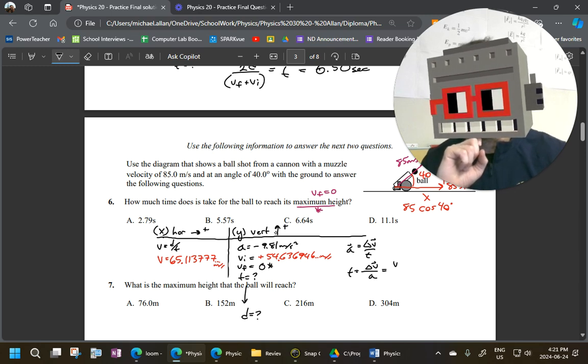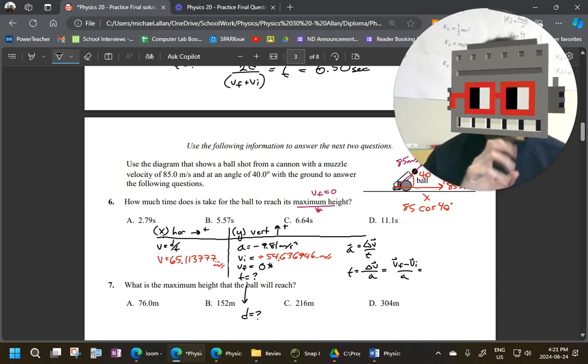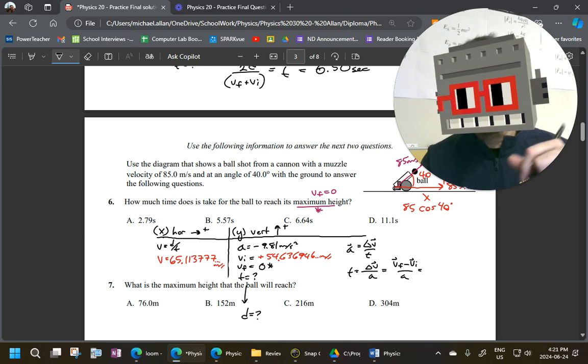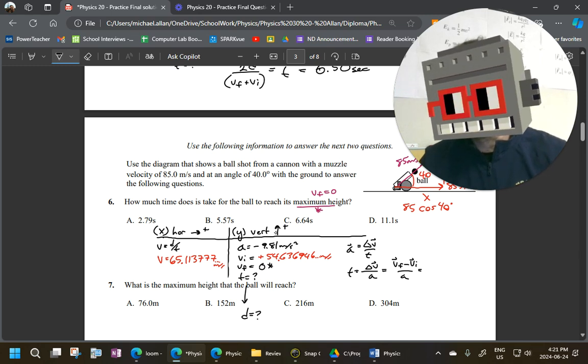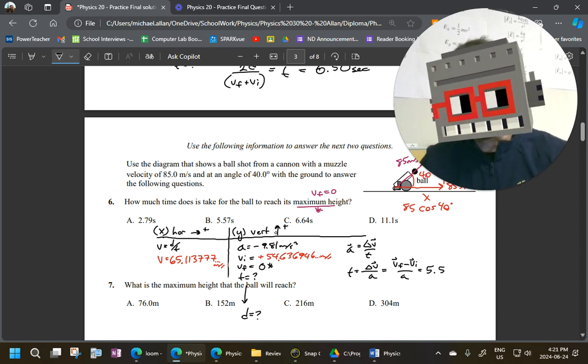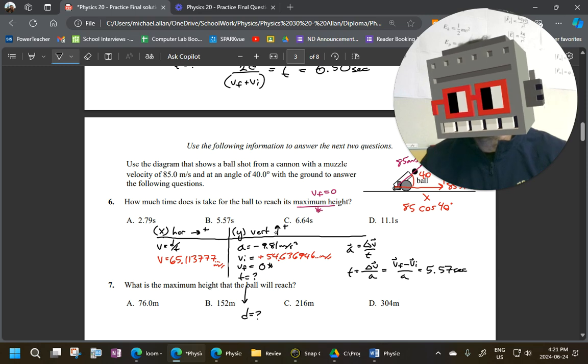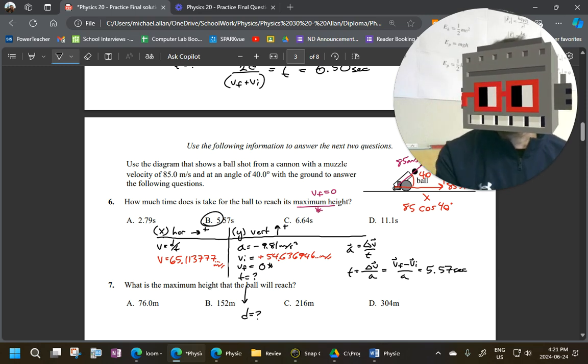Remember that delta stands for final minus initial. My final is 0, so I'm going to have 0 minus this number, and I'm going to divide by 9.81, and I'm going to get 5.57 seconds. So that's going to be B.